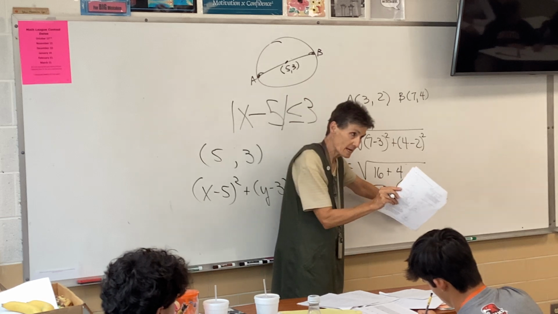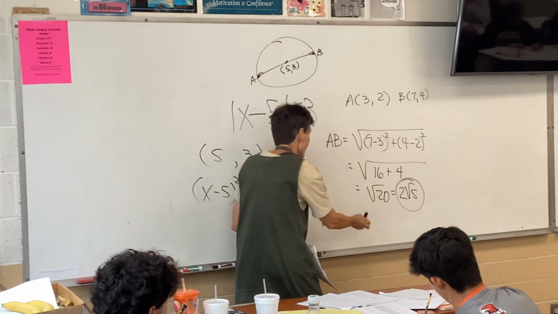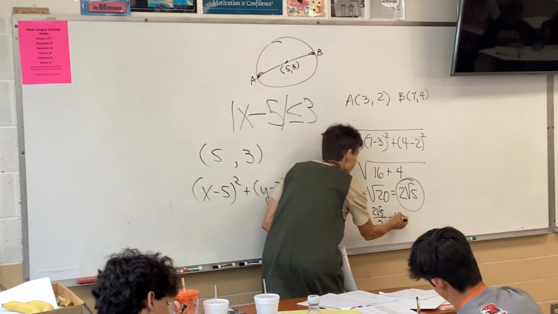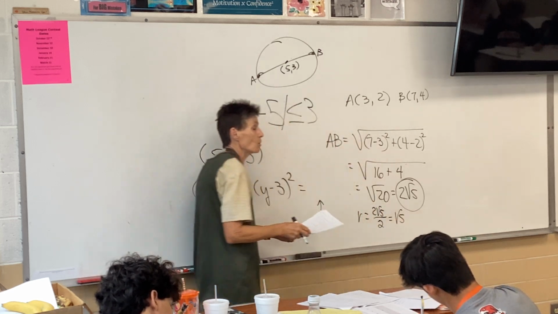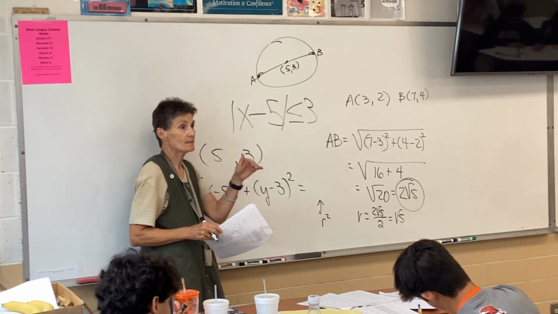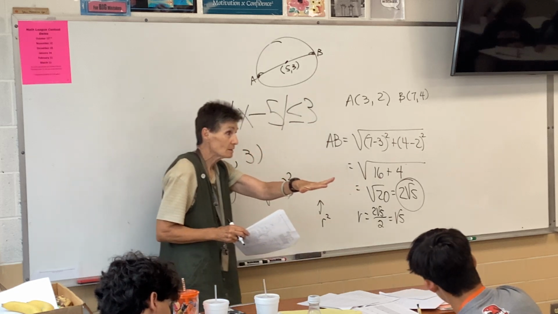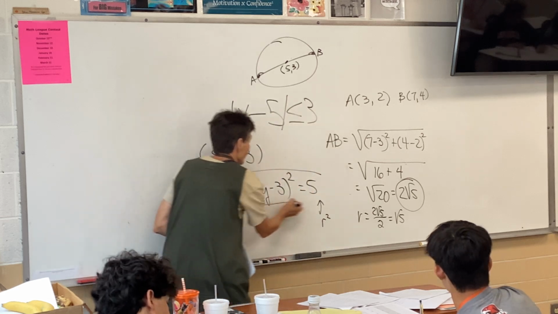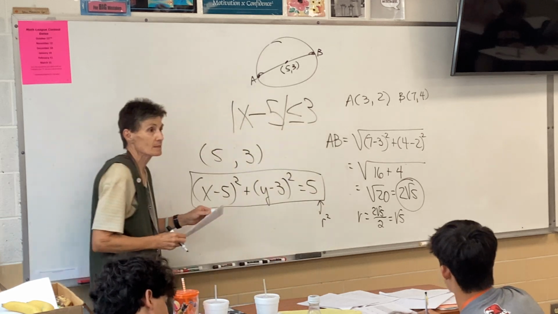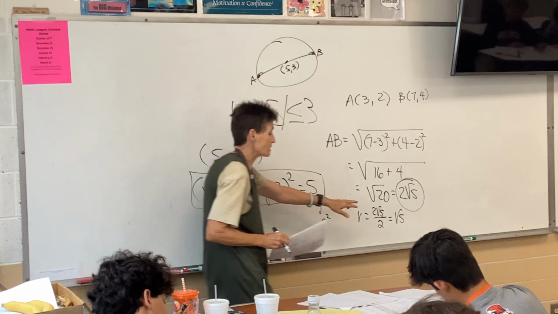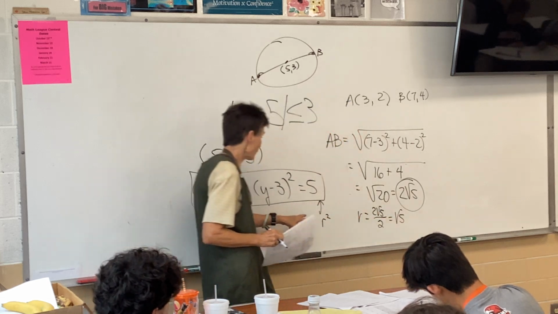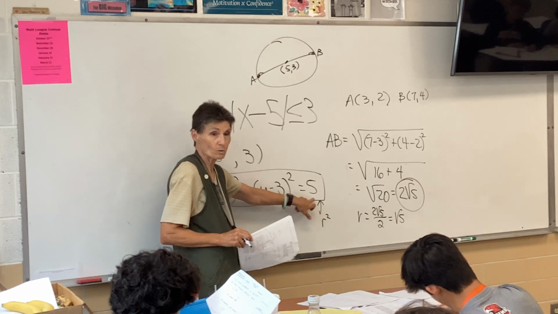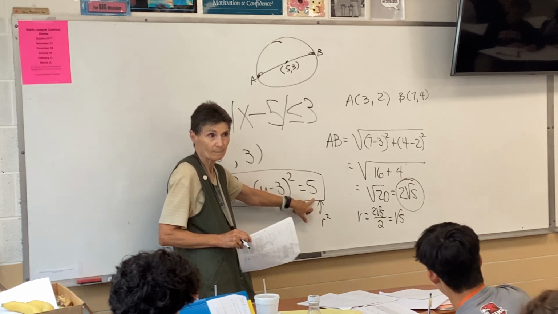That was the diameter. So to get my radius, I'm going to have to divide that by 2. So the radius is root 5. Well, in the equation, then r squared is 5. The radius was the square root, but remember, when you write your equation, that's r squared. So square root of 5 squared.